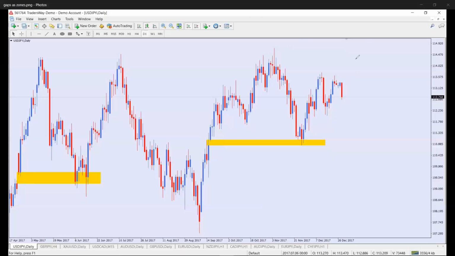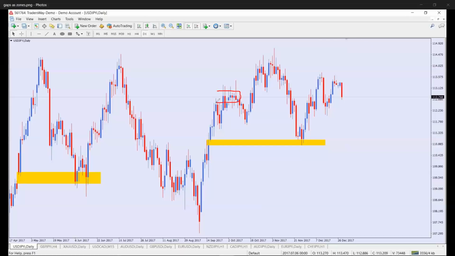So that's the second way. The first one is using the candles on the continuation patterns. Then the second one is drawing using the gaps, and the third one is drawing what you call sideways movement of the whole market. Like if it's consolidating, we'd use, let's say, this zone.